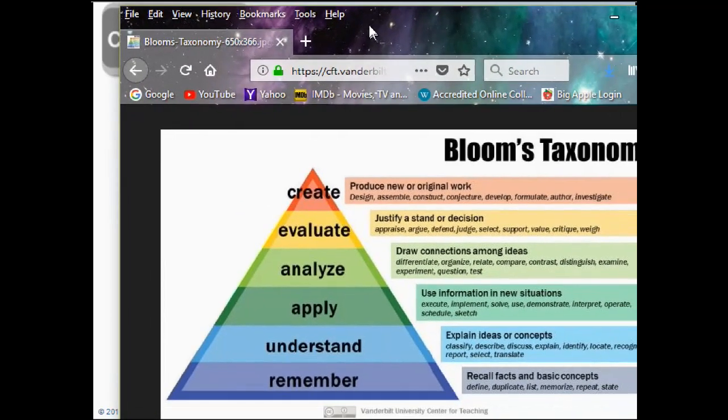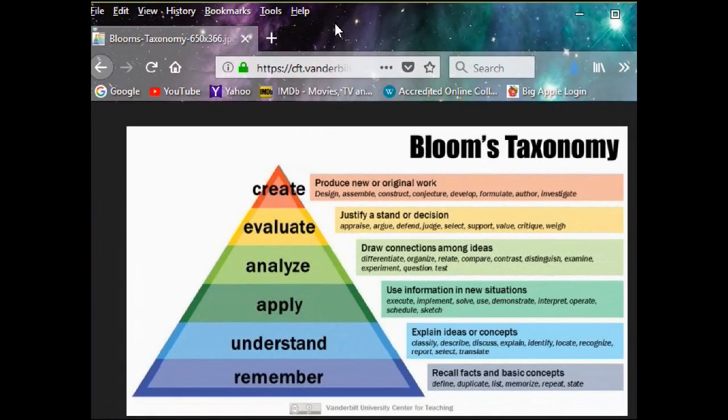Here we're just going to talk a little bit about Bloom's taxonomy. Recall facts. Remember some of the things that I've given you in your study guides are some facts to recall, terms and locations of the anatomy of the brain, given some general understanding of it.